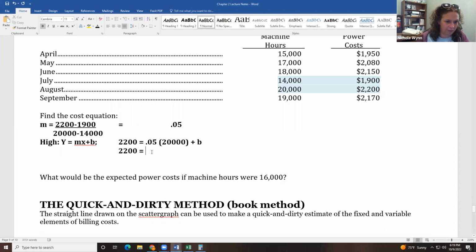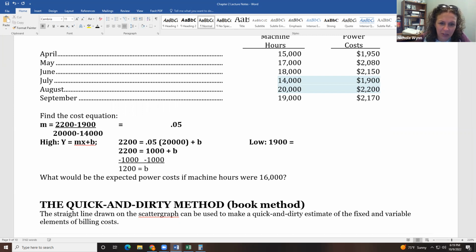And then I got 1,000 plus B. And then I would subtract 1,000 from each side. And I would say that 1,200 equals B.